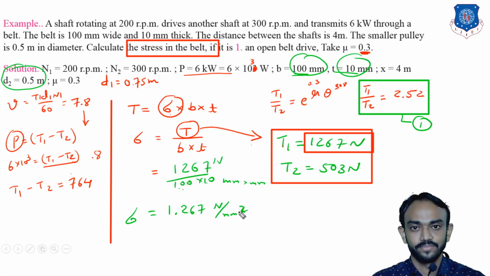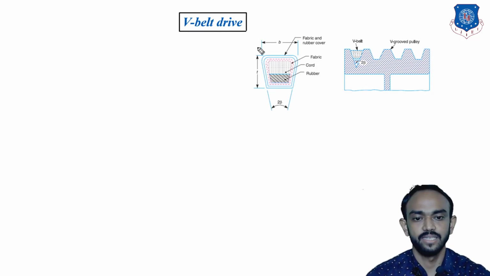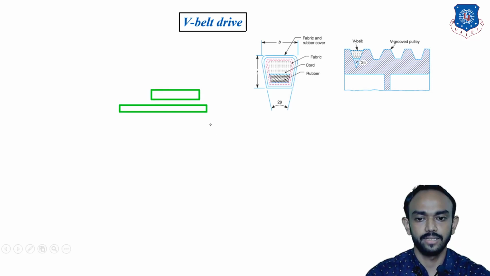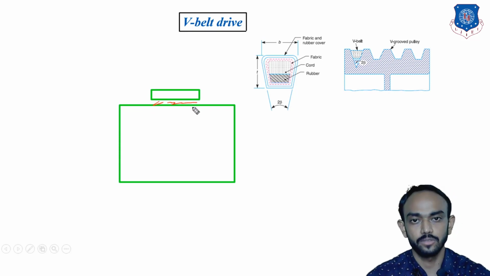Okay. Now we are going to understand the V belt. There is only a change in the shape. Up to this point we have seen the flat belt and the pulley is like this. So there is friction between this belt and pulley, but this friction is not sufficient.